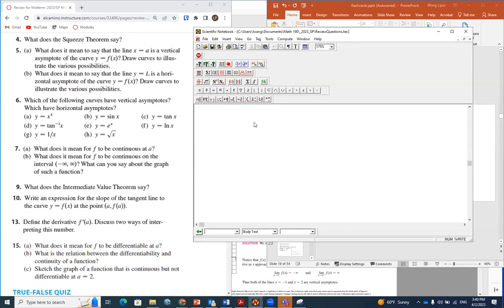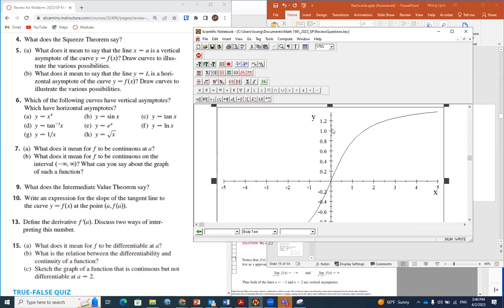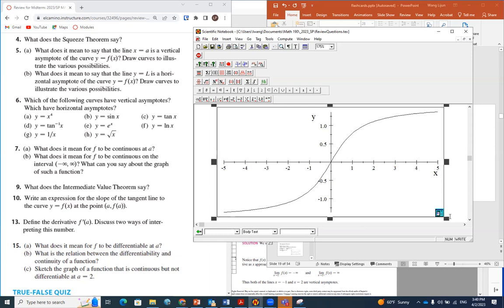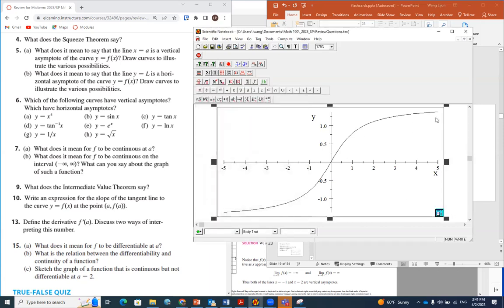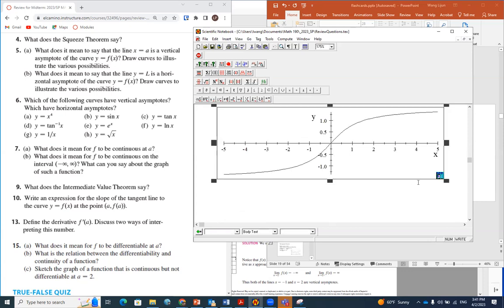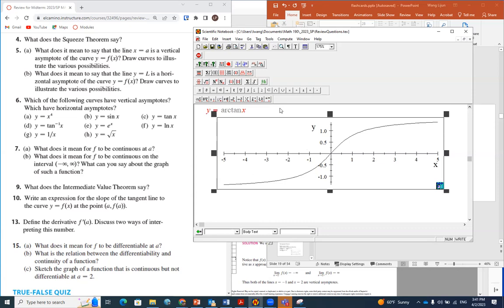Okay, arctangent. Arctangent has 2 horizontal asymptotes. Okay, 2 horizontal asymptotes, and of course, the domain of arctangent is all real numbers, right?